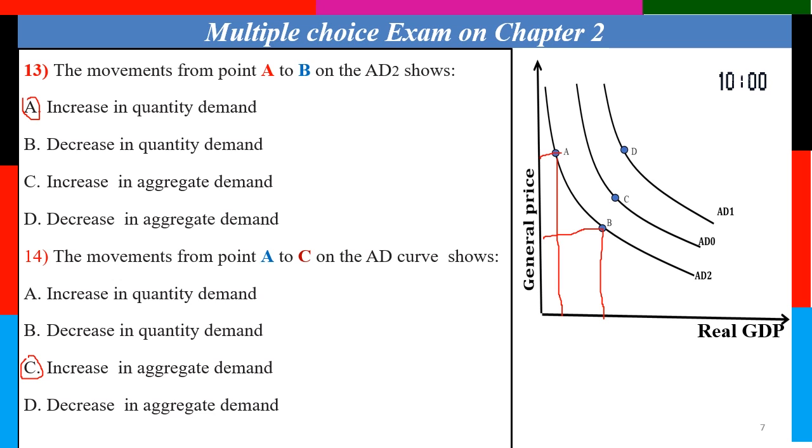The right answer is C. Movement from point A to C means the aggregate demand is shift to the right. When the aggregate demand shifts to the right, it shows increase in aggregate demand, not in the quantity demand.